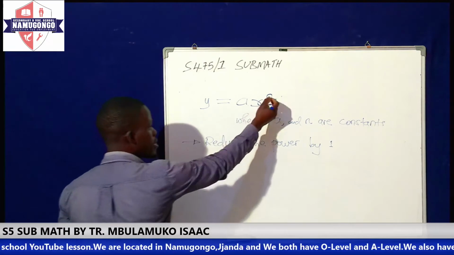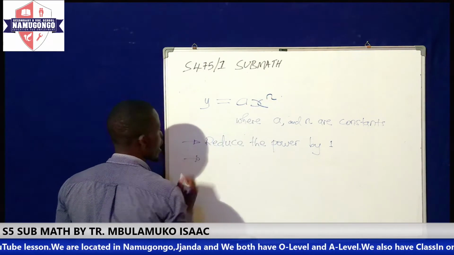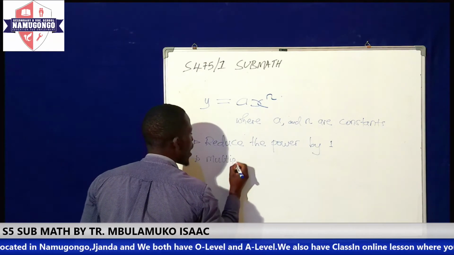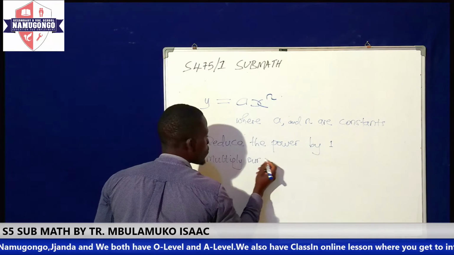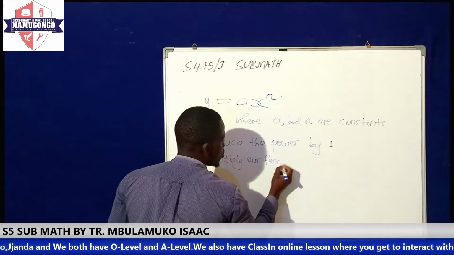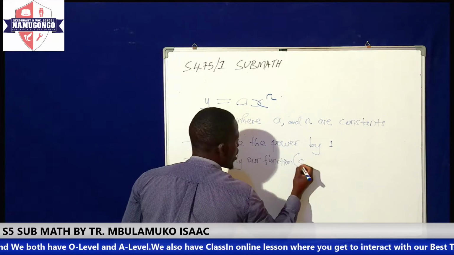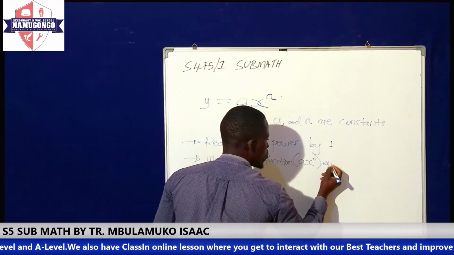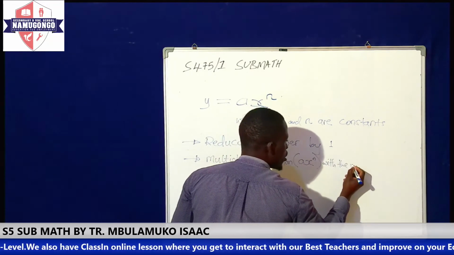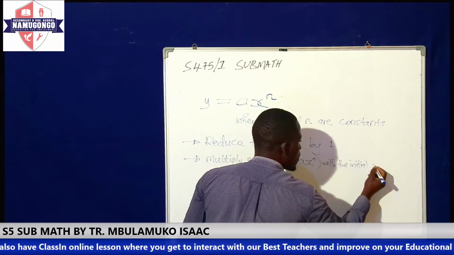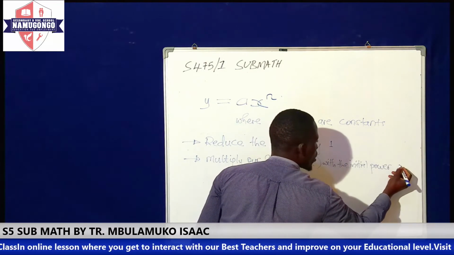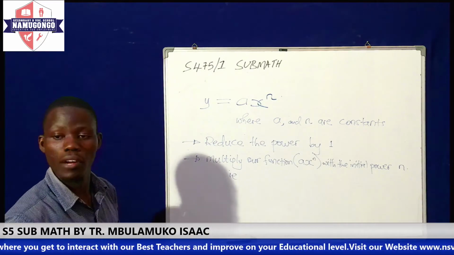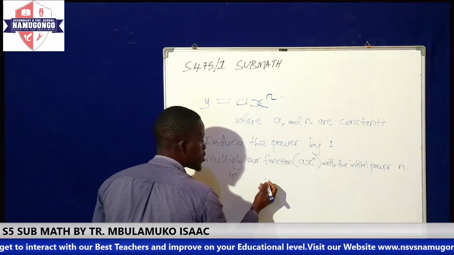And at the same time, we shall multiply our function in bracket, this is the ax to the power n, with the initial power, which was our what? Our n.